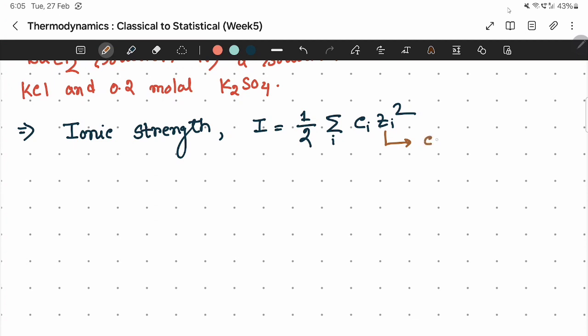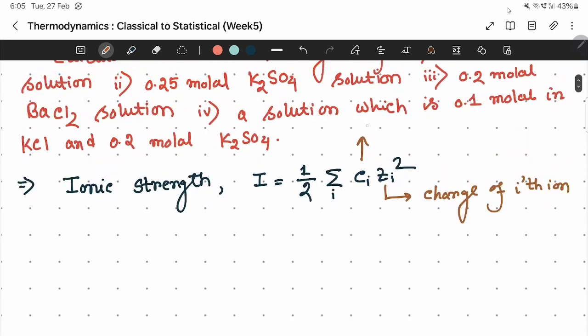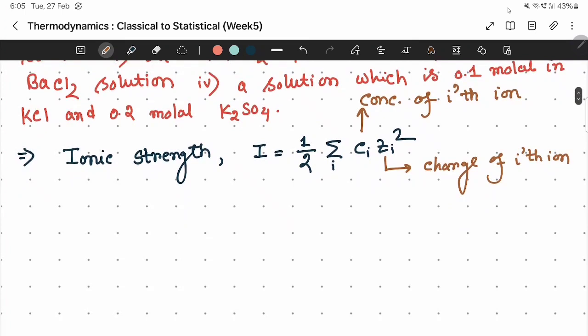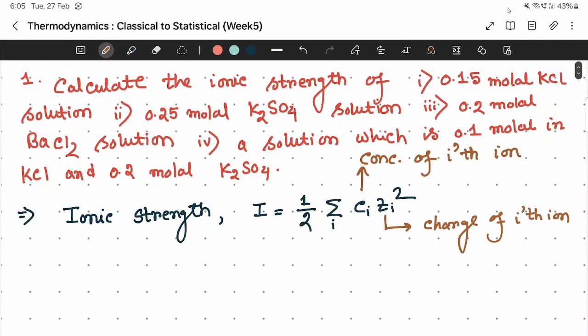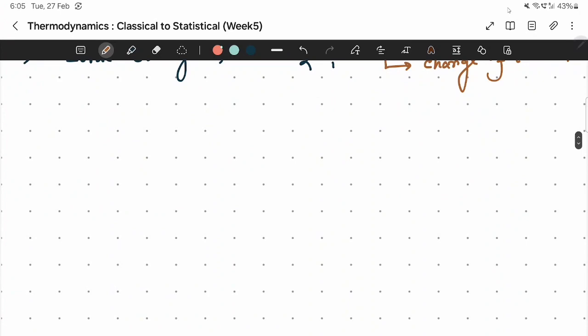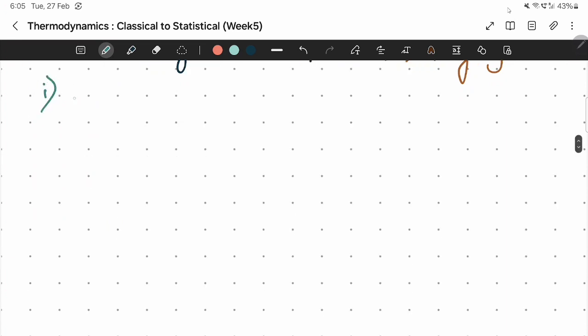Zi is the charge of the ith ion and Ci is the concentration of the ith ion. So we follow this definition and we can easily calculate the ionic strength. Okay, so first one is 0.15 molal.